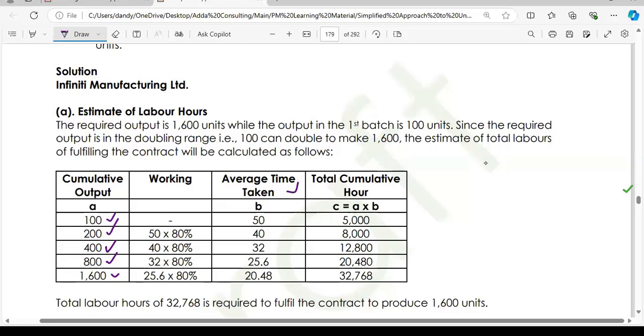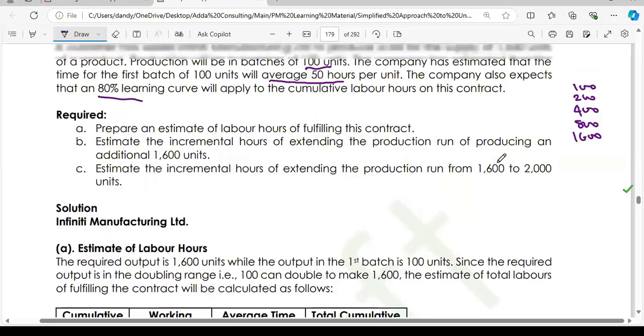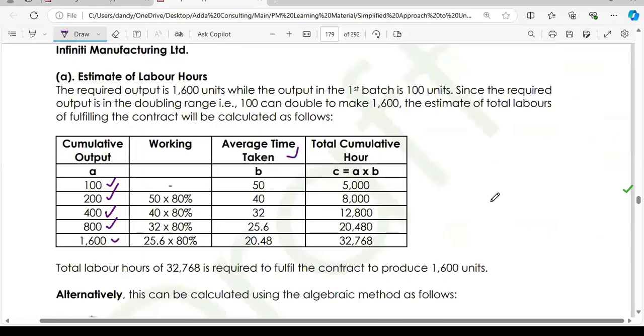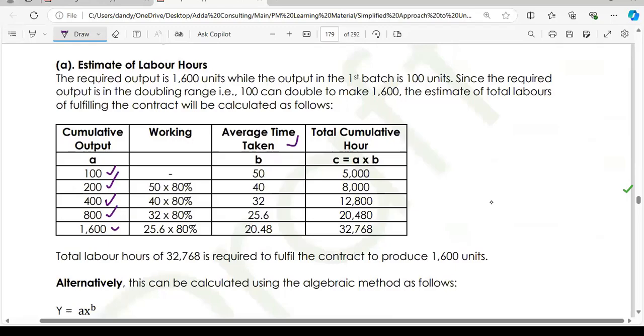The average time taken to produce the first batch, we are told, is 50 hours. This 50 hours per unit is the average time taken to produce the 100 units. Therefore, the learning rate will not apply on the 100 because that 50 is the base. So you don't need to apply learning rate on that.